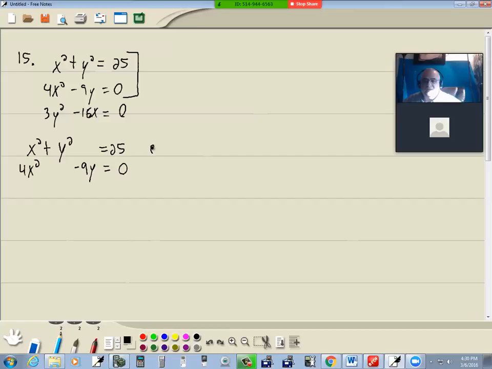Now I'm going to multiply the first equation by negative 4. So I got negative 4x squared minus 4y squared equals negative 100. And then I got 4x squared minus 9y equals 0.